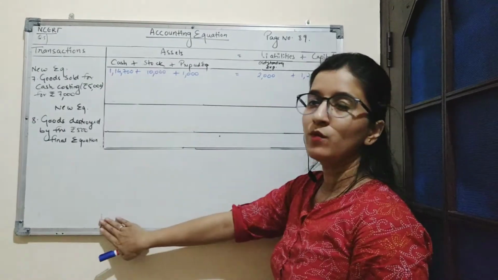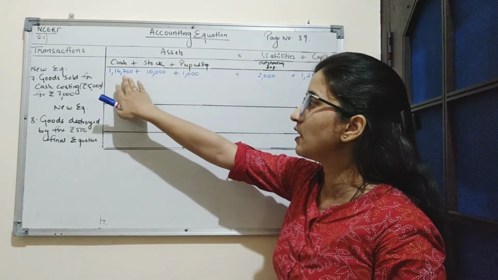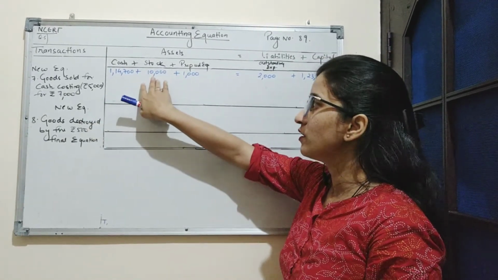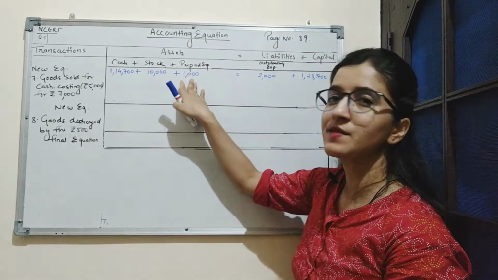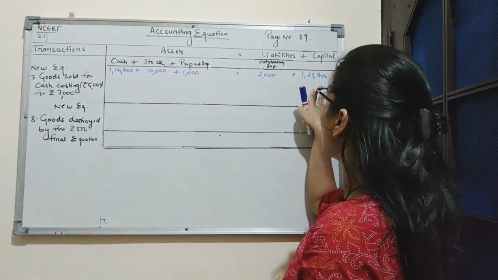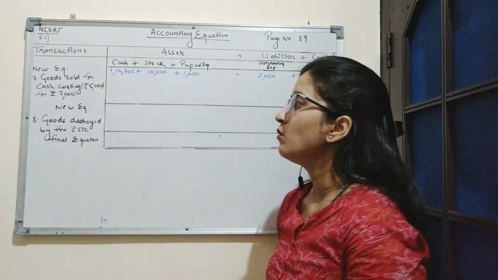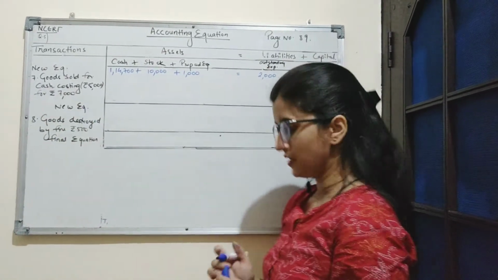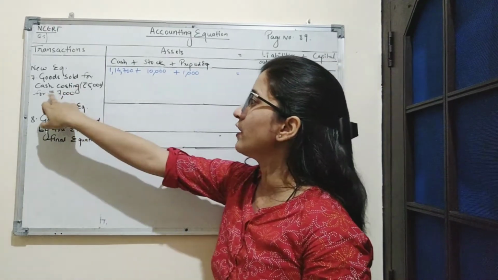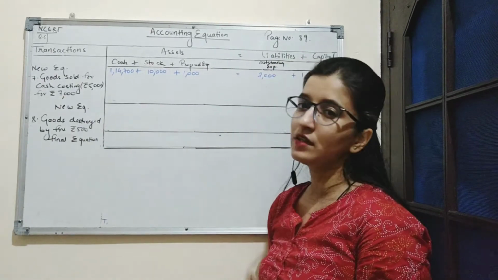So I have carried forward the last equation here with cash amounting to rupees 1,14,700, stock 10,000, prepaid expenses 1,000, outstanding expenses 2,000, and capital 1,23,700. Moving on to the next transaction, which is goods sold for cash costing rupees 5,000 for rupees 7,000.